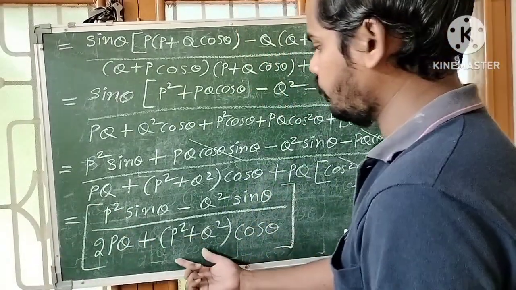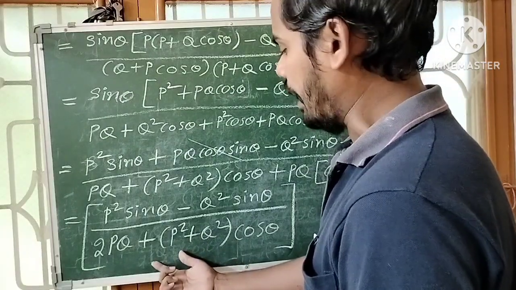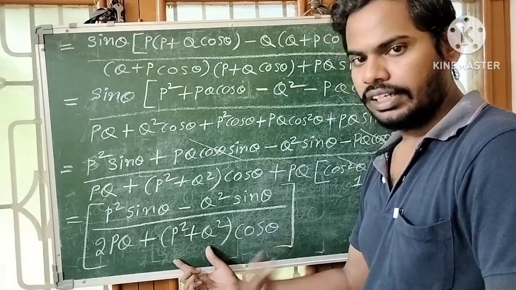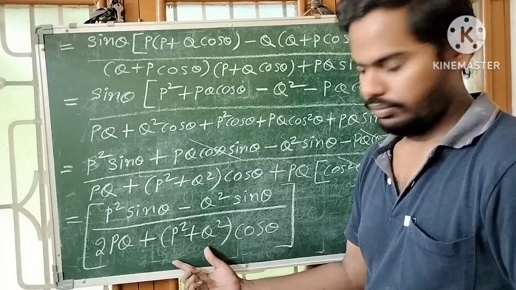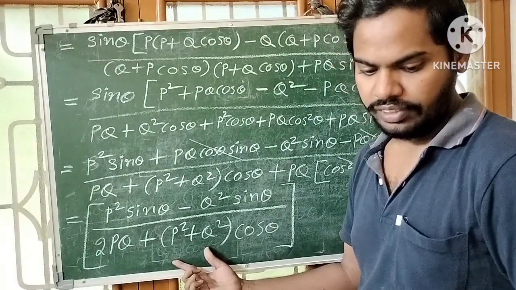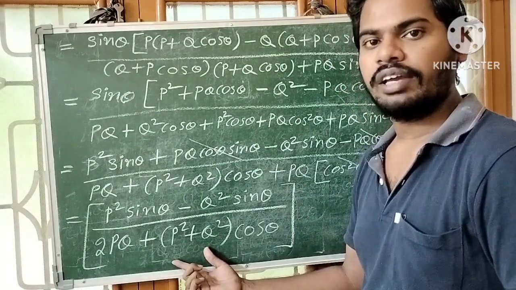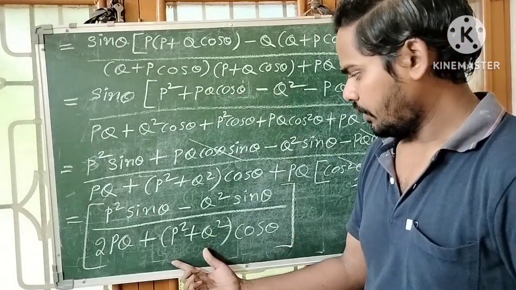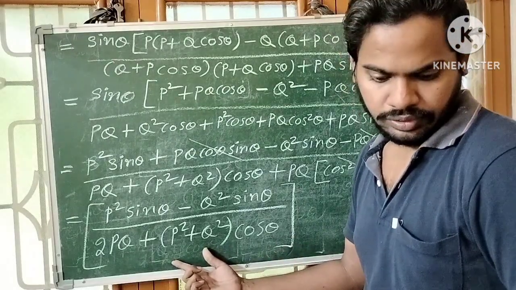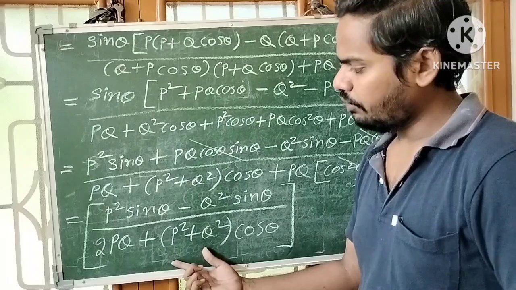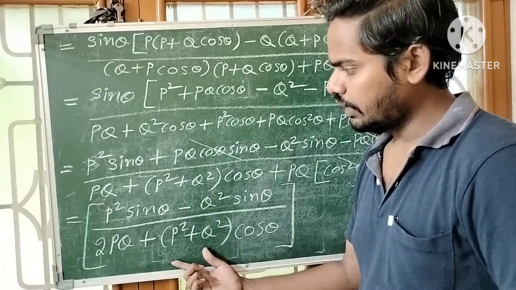So this is the reduced form of tan phi. This is the final result for tan phi. But we need a relation between tan phi, phi and theta, so we still need to simplify further. We didn't get the answer.